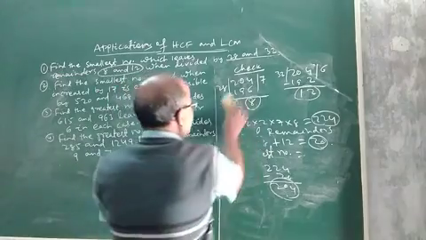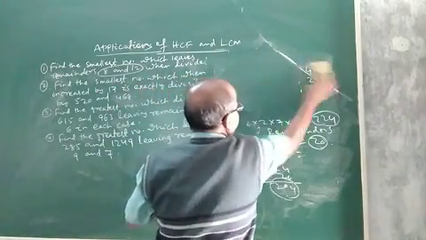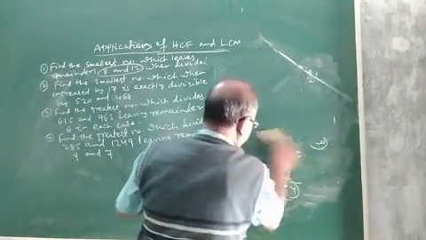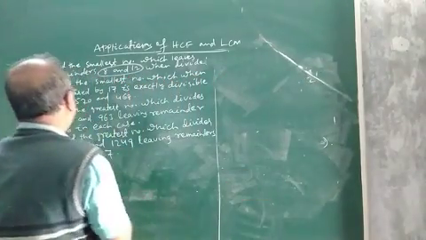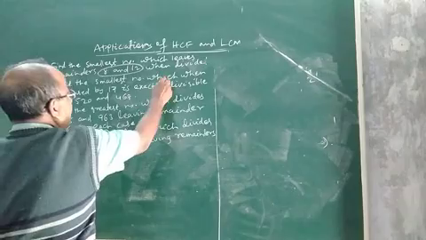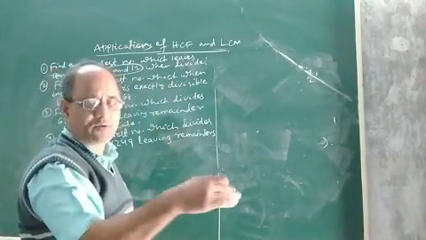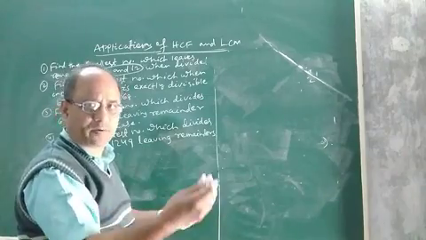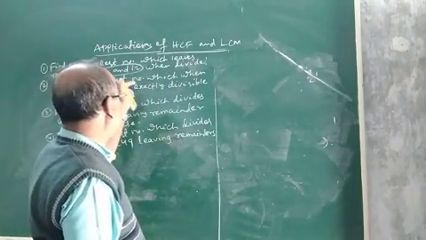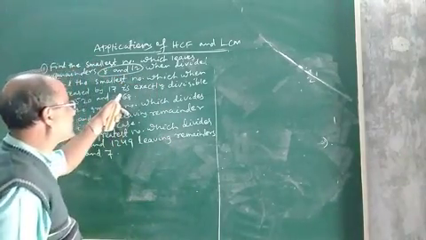Let me discuss another question. Suppose you are given: find the smallest number which when increased by 7 is exactly divisible by 520 and 468. What is the smallest number? We do not know, we have to find it out.